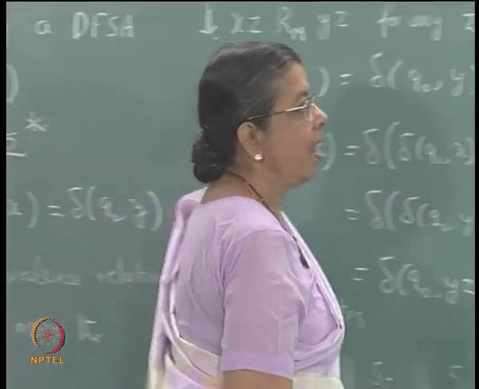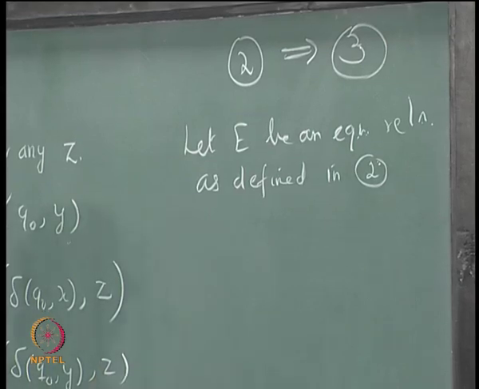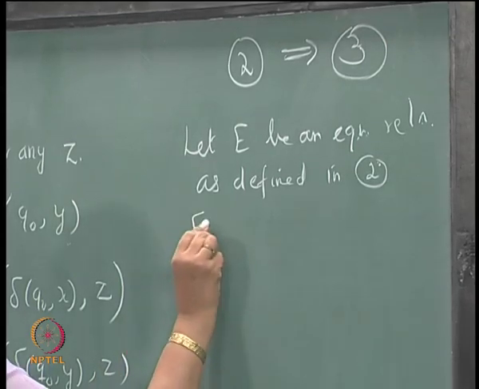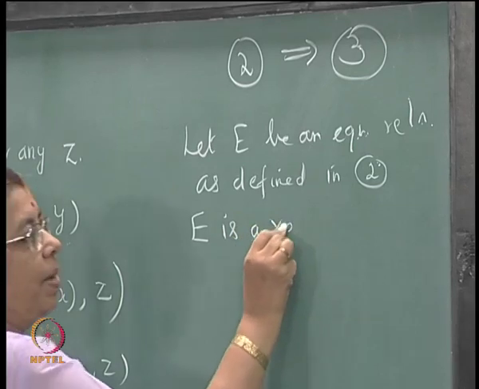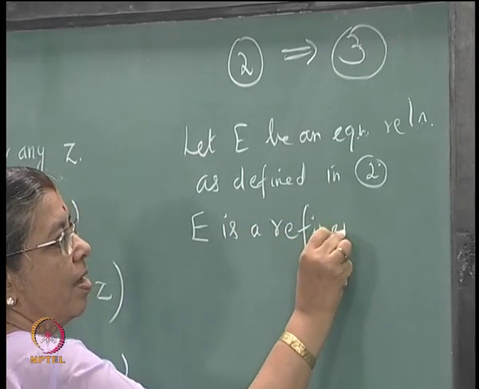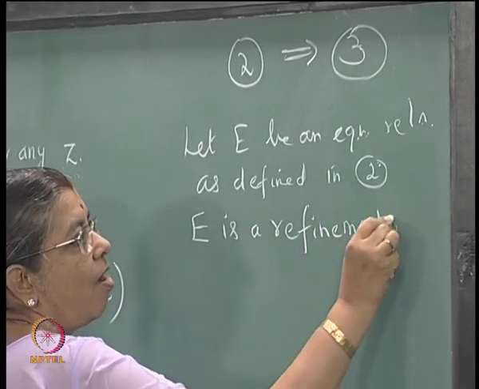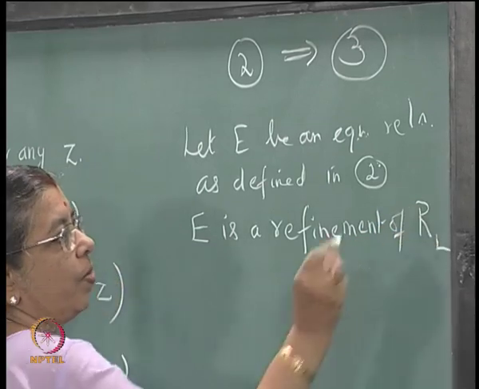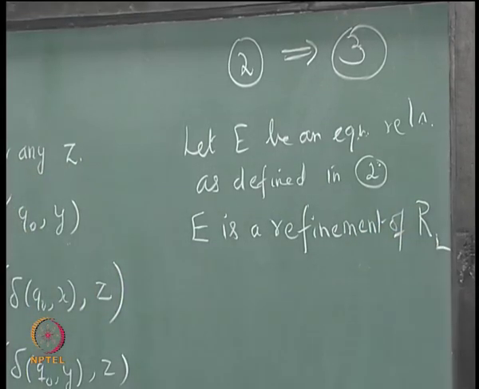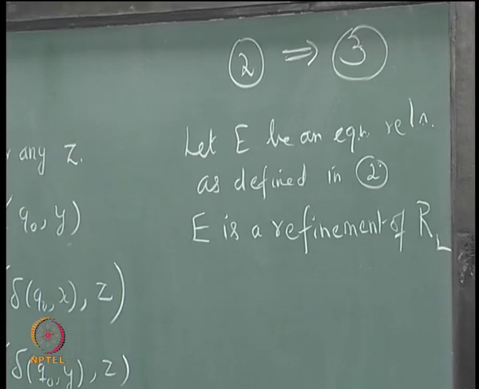Then RL is defined as given in 3. You show that E is a refinement of RL. What is a refinement?